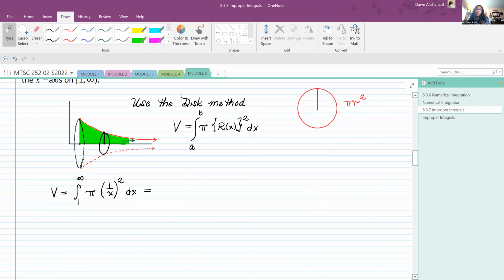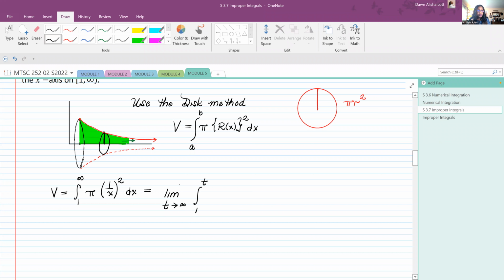Okay. So we use the disk method because when we did a volume of revolution, we saw our disk or our circle. We know the area is pi r squared. That means we need to find the radius. The radius is the height of the function. Excellent. Okay, so now we need to do this integral. So this is the limit as t goes to infinity of the integral from 1 to t.